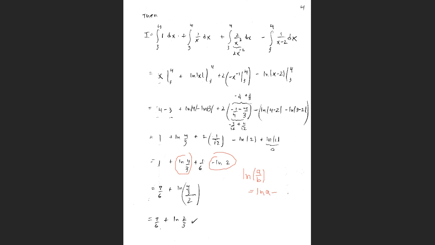The log of A over B is log of A minus log of B. So think of this as the log of A, and think of this as minus the log of B. That will get me the log of the fraction A over B, and that's how I got this here. All right, Marcus? Oh, okay, yeah, thank you, I got it. Sure, excellent. And so we end up with this as our answer.